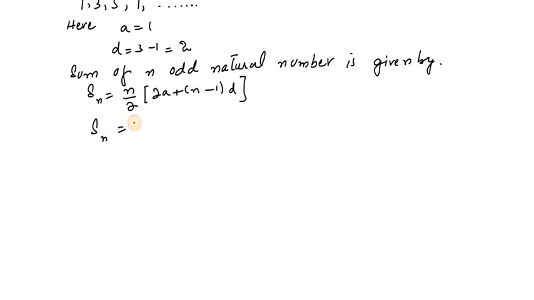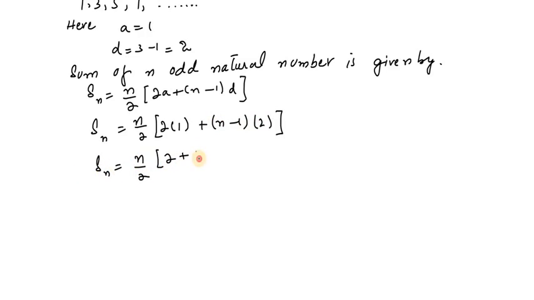So Sn is equal to n upon 2, a is 1 plus n minus 1, and the common difference is 2, n upon 2, 2 plus 2n minus 2. Minus 2 plus 2 will be cancelled and 2n.